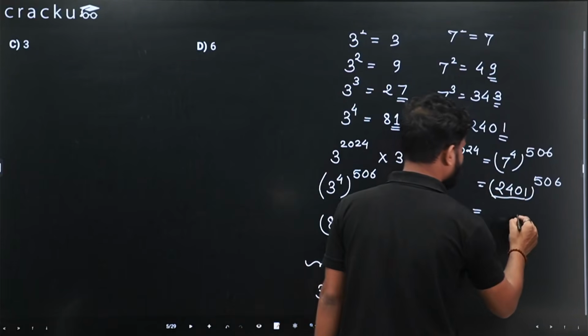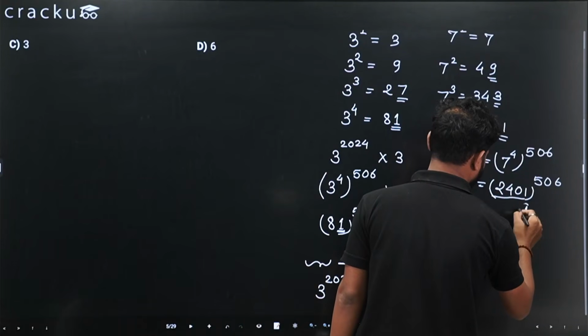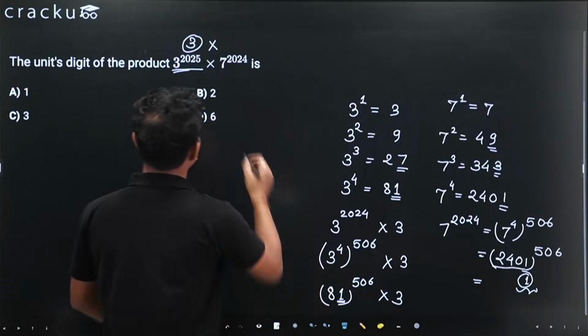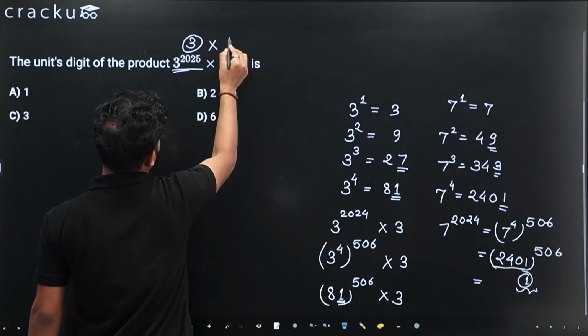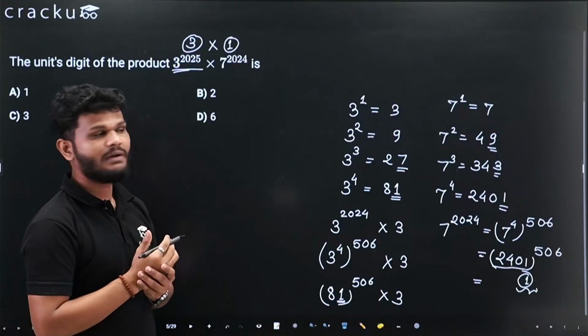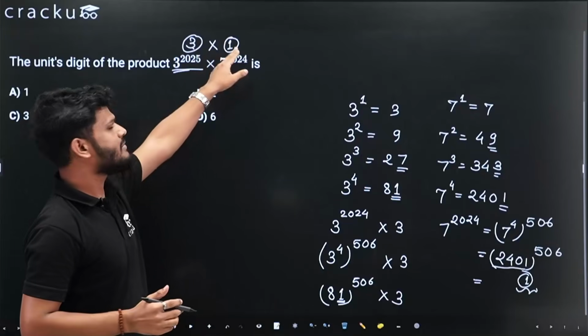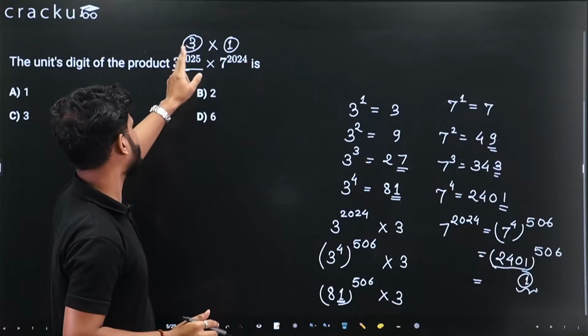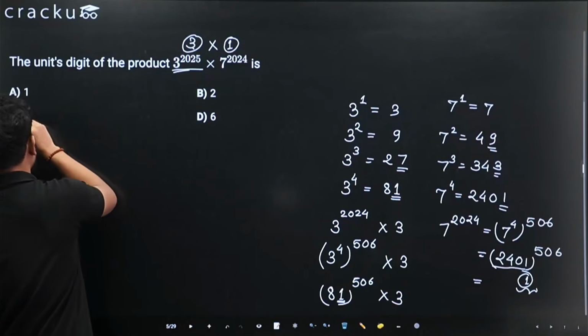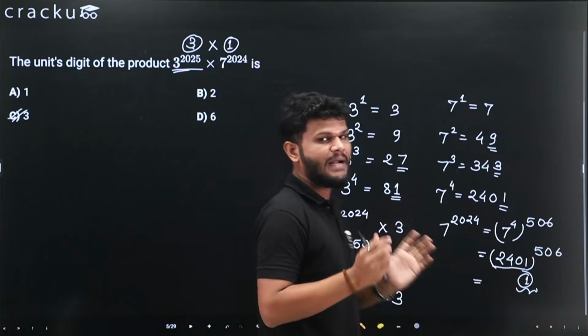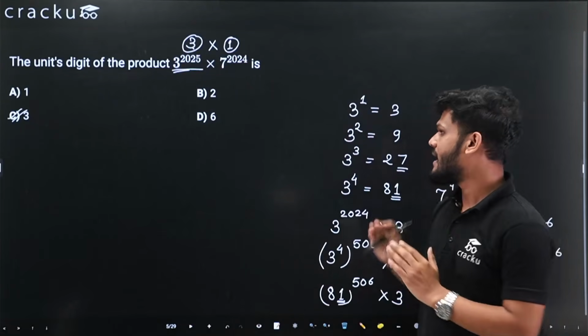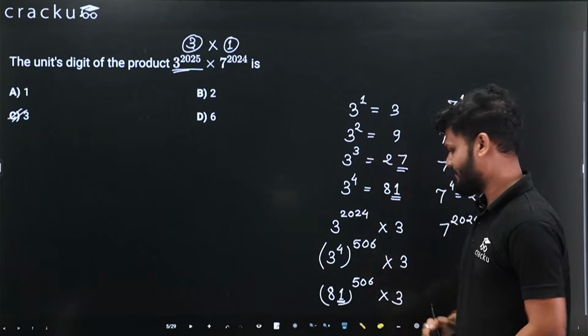Hence, the unit digit of this number will be 1. So the unit digit of the product will be the unit digit of this multiplied by the unit digit of this one. So 3 into 1, which is 3, given in option C. So separately you can find the unit digits and solve the question.